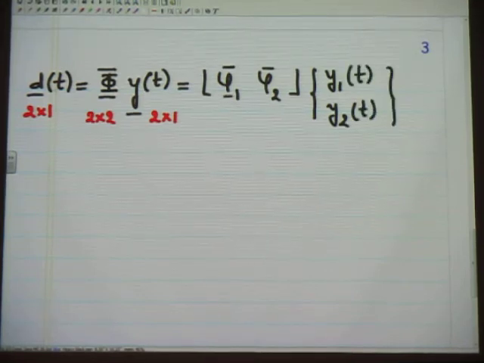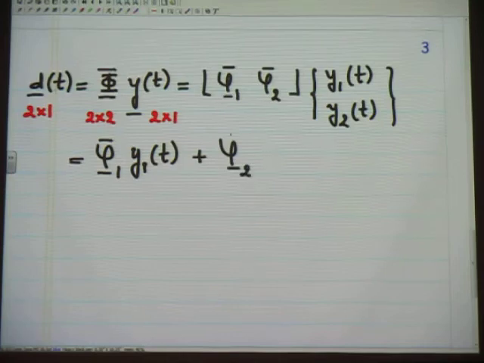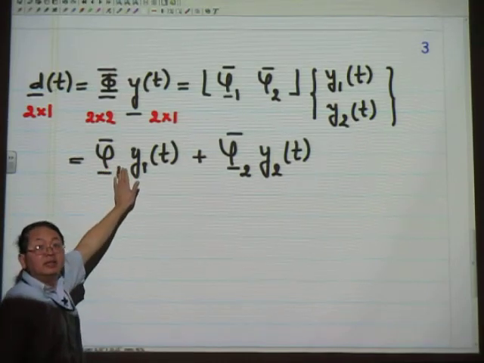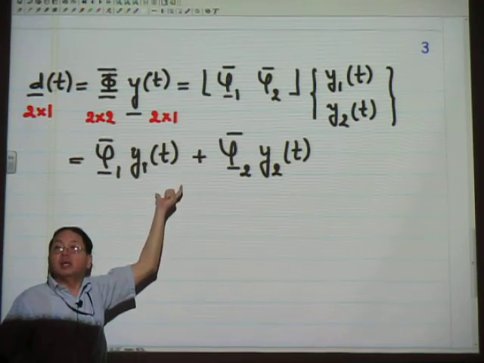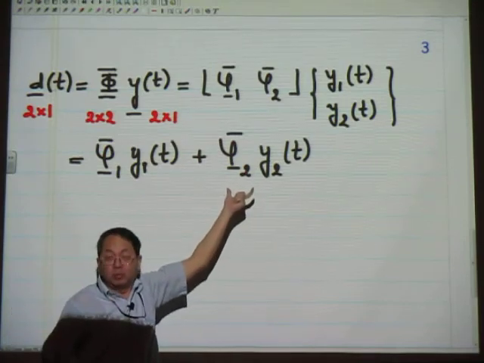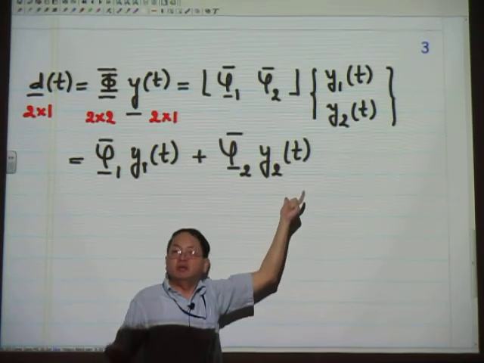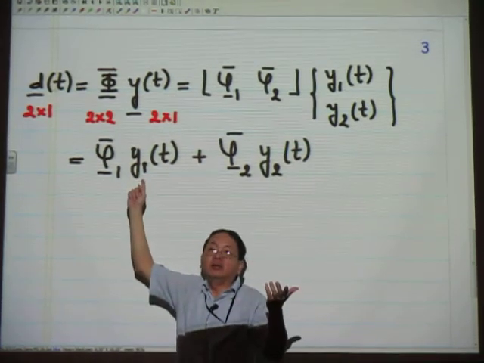If you multiply out, the pedestrian method is simply that: you put the eigenvector, a 2x1, times the expression of the modal displacement y1, plus the second eigenvector, a 2x1, times the modal displacement y2. y2 is found in question 2, y1 is found in question 1.